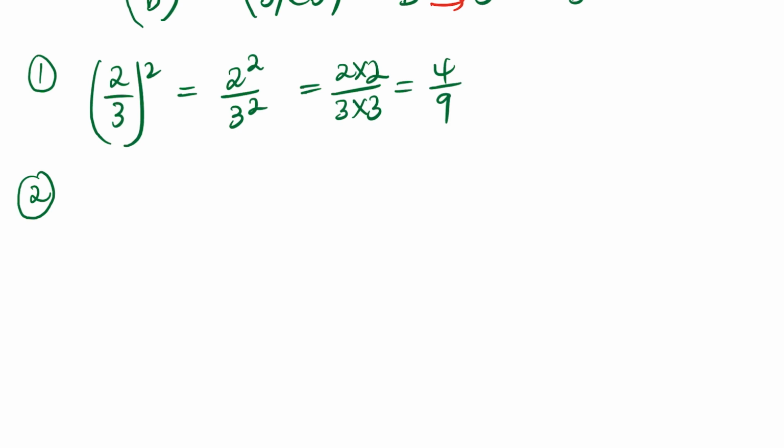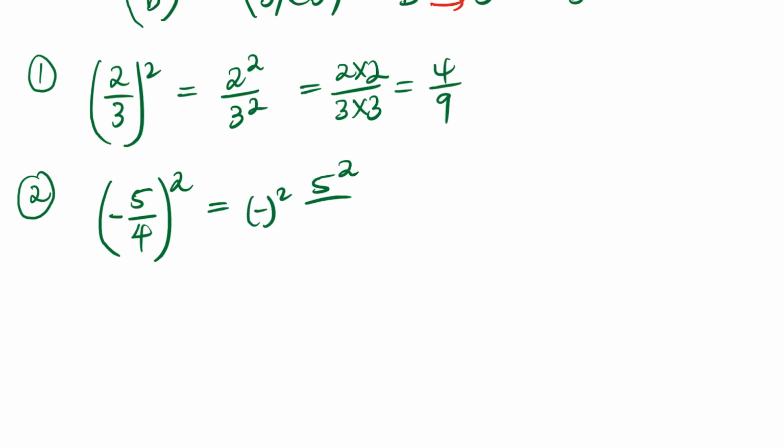So number 2, let's say we have now negative 5 over 4, squared. This simply means that even the negative that is inside here multiplies itself twice. So it's going to be negative squared, and then we're going to have 5 to the power 2 and 4 to the power 2.